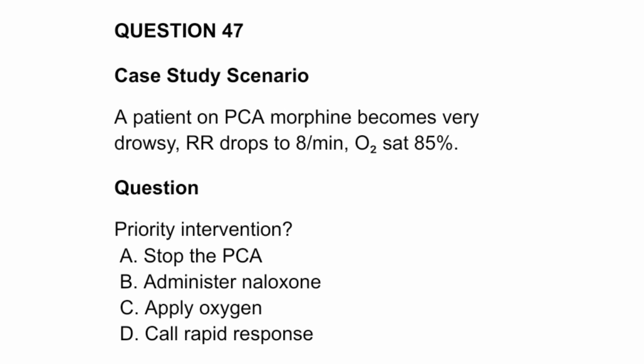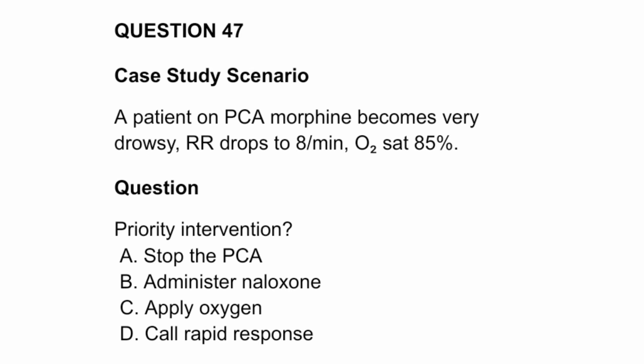Question 47. Case study scenario. A patient on PCA morphine becomes very drowsy. RR drops to 8 per minute. O2 sat 85%. Question: priority intervention. A. Stop the PCA. B. Administer naloxone.